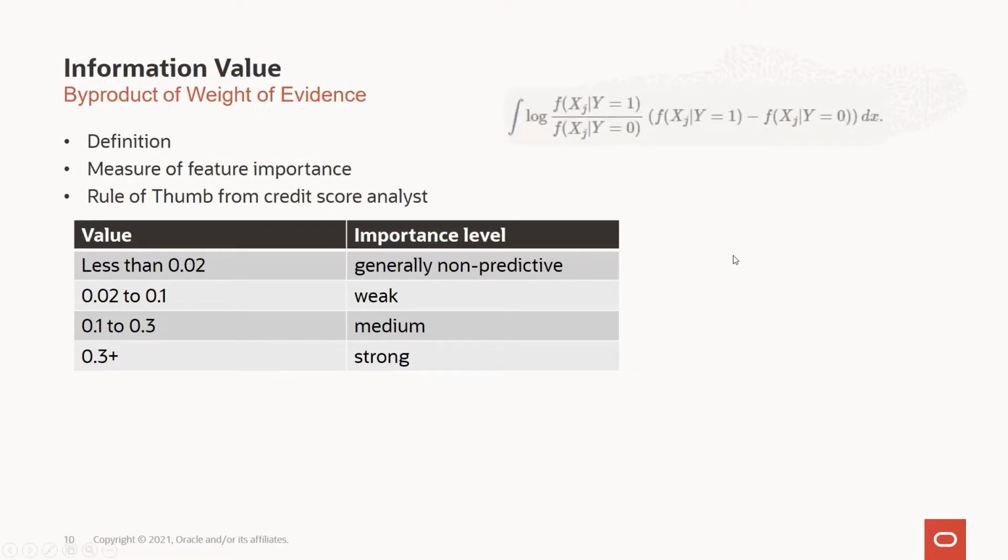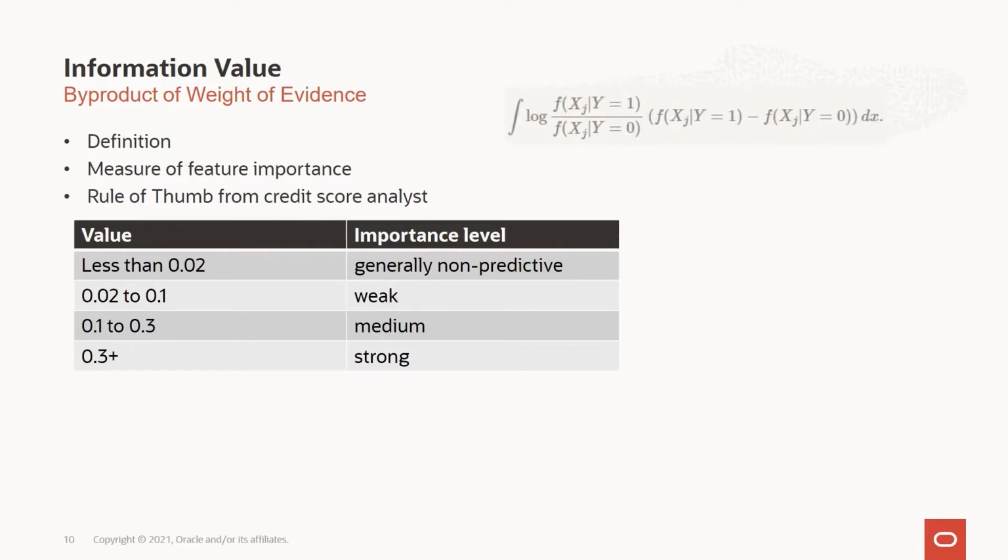Beyond the weight of evidence, beyond the feature levels, we can actually go up a little bit, right? We go up to the level above it, which is the level of features.